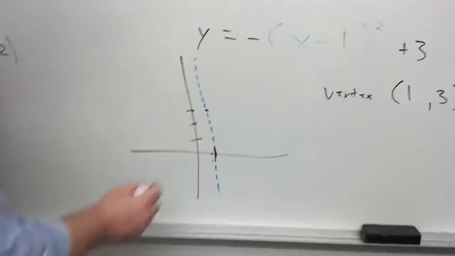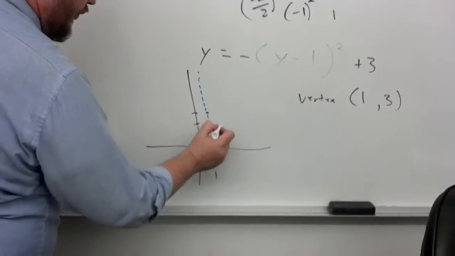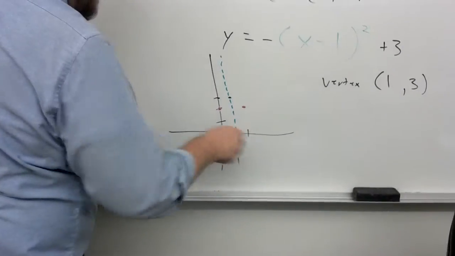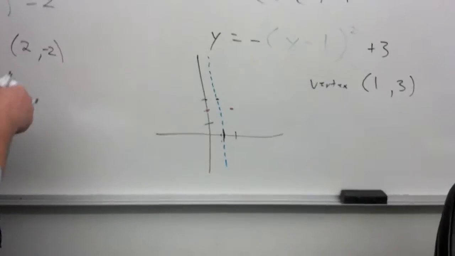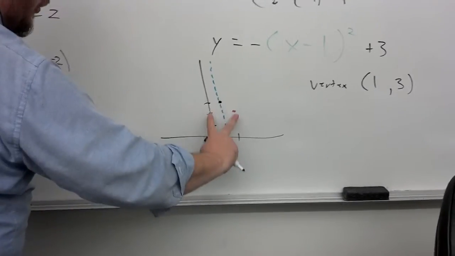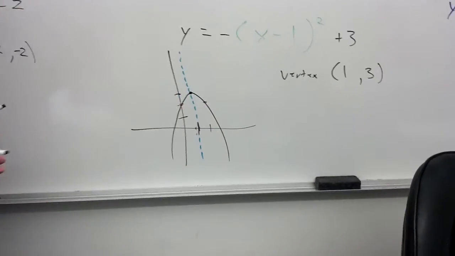And if we put the mirror of this point, we'll have another point right here. And now we can graph our parabola. Vertex here, it opens down, goes through these 2 points, so it looks something close to that.